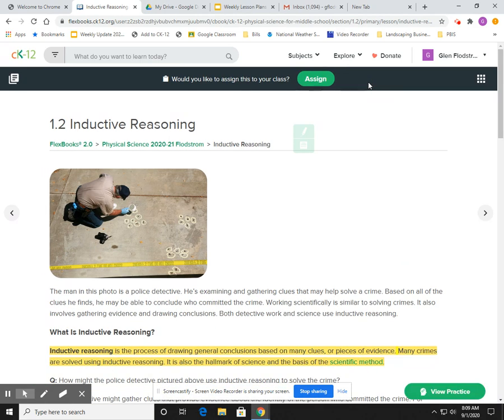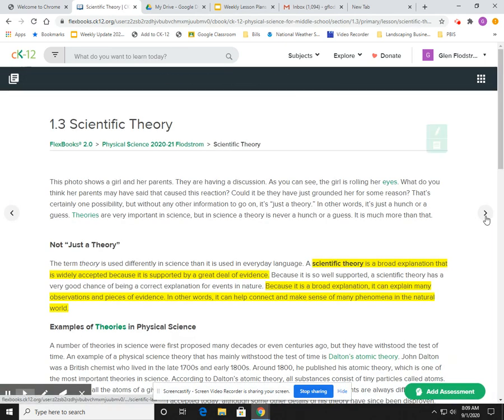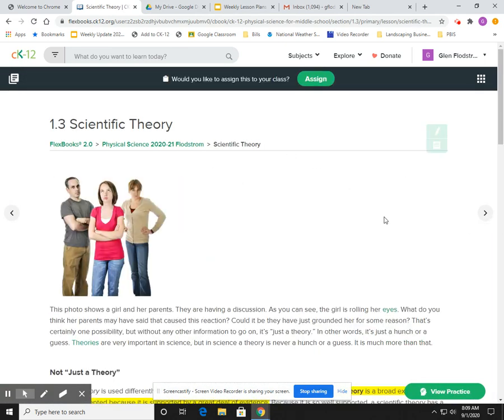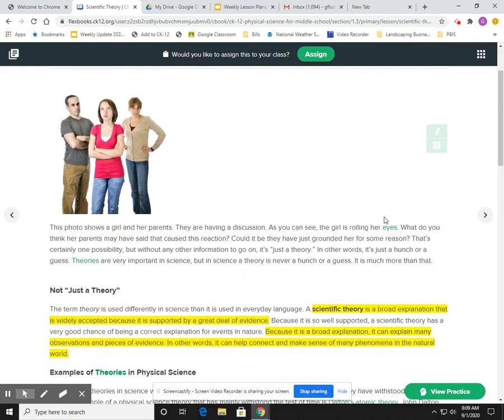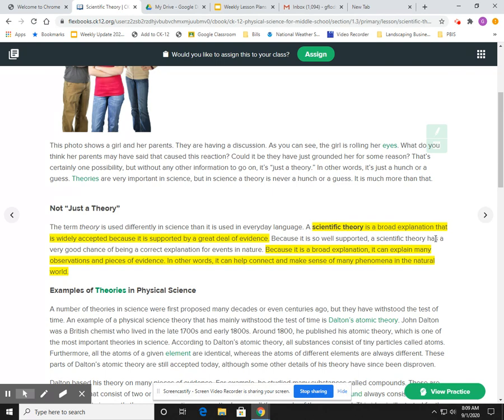Okay. So you saw the video. The other unit you had was scientific theory, which hopefully you went through. And this is just talking about scientific theory. It's a broad explanation. It's generally widely accepted, and it's going to be supported by lots of evidence. But remember, it's very, very broad.